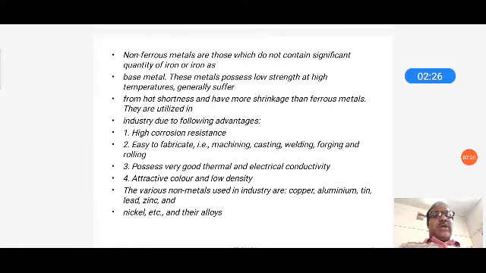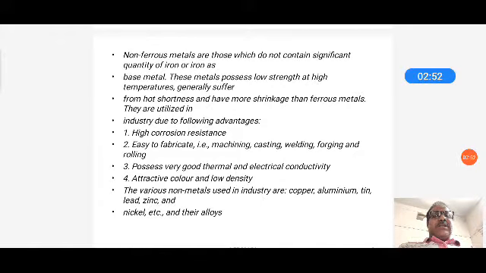They show high corrosion resistance and are easy to fabricate, through machining, casting, welding, forging, and rolling. They also possess very good thermal and electrical conductivity, attractive color, and low density.